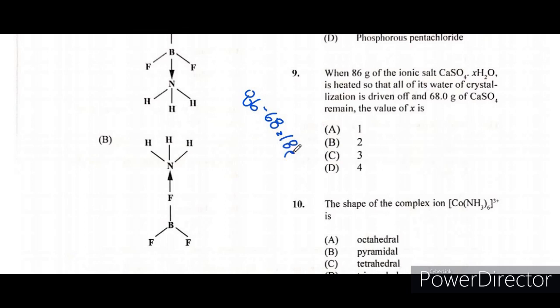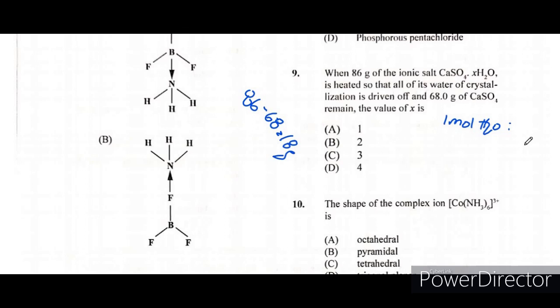Now, we need to find out the mole ratio between those. So 18 grams of water is literally 1 mole of water. So 1 mole H2O is there with, let's say, how much would it react with 68 grams?